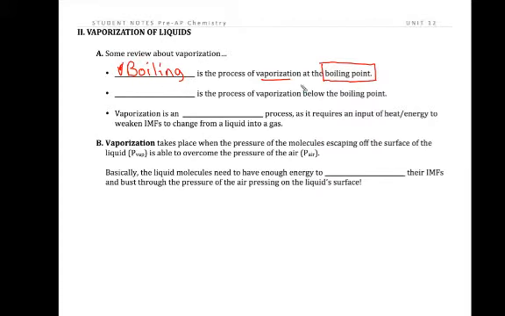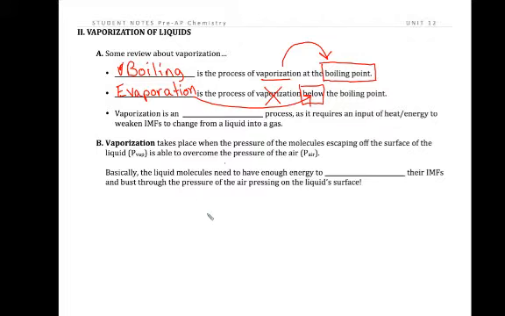If it is below the boiling point, we really don't call it vaporization anymore. We call it evaporation. So vaporization is at the boiling point. Evaporation is below the boiling point.